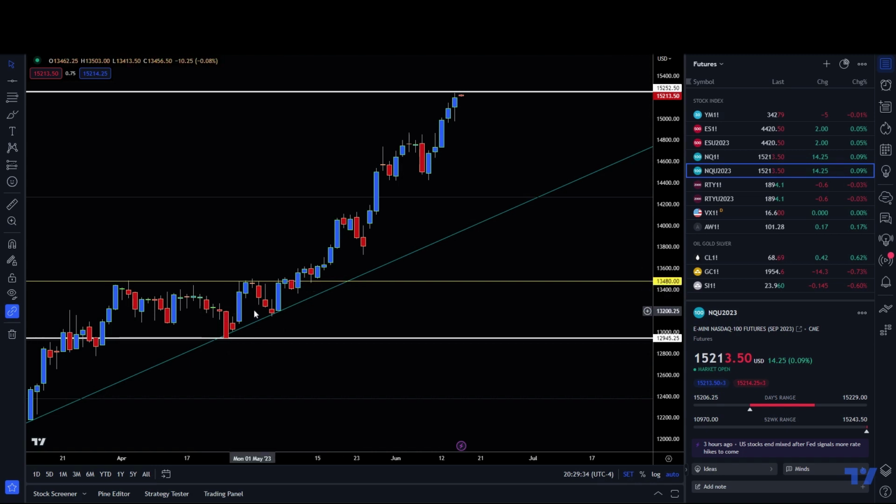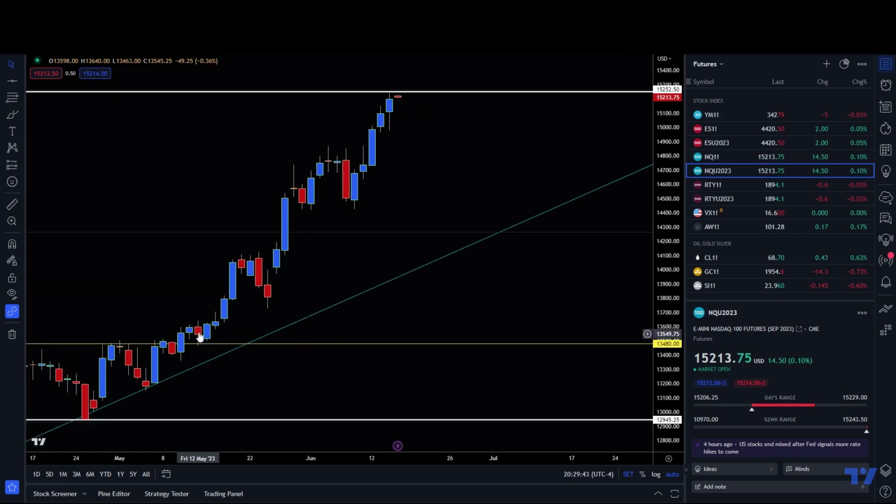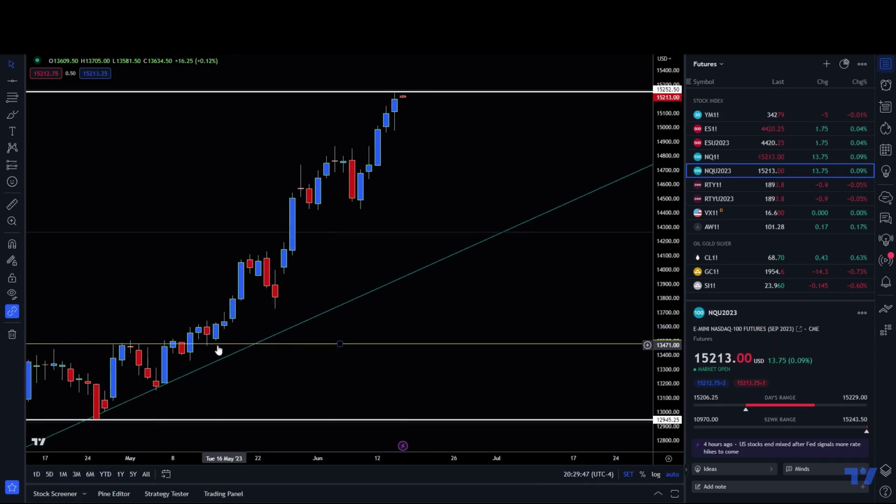Because remember, when the market breaks through resistance and then comes back and retests that level, that resistance becomes support. So now that this resistance is support and you get a rejection from this support level, which was an old resistance level, that's the time to buy, man. That's the freaking time to buy, in my opinion.